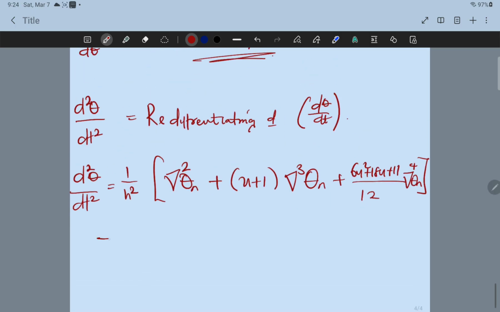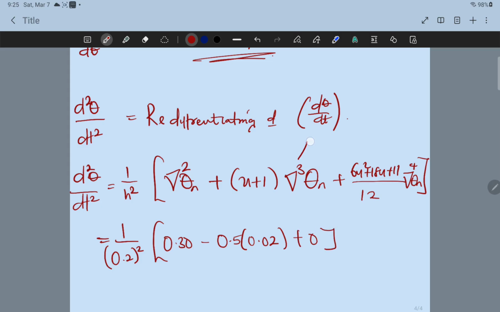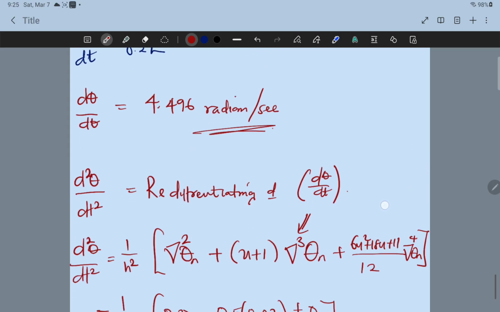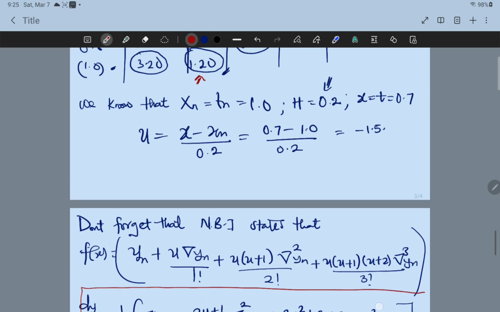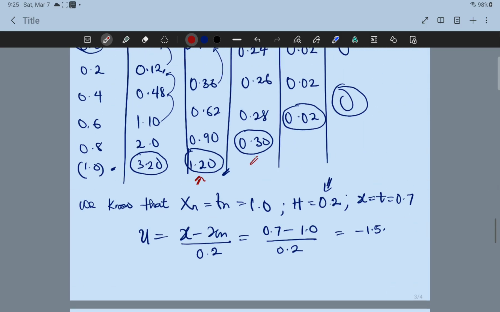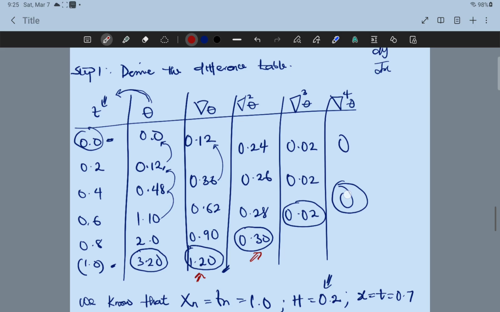And then let's insert the values. We have it as 1 over 0.2 all squared into bracket 0.30 minus 0.5 into bracket 0.02 plus 0. If you follow it up with our table, the squared theta n is this one here, the cubed is this, the fourth is this.